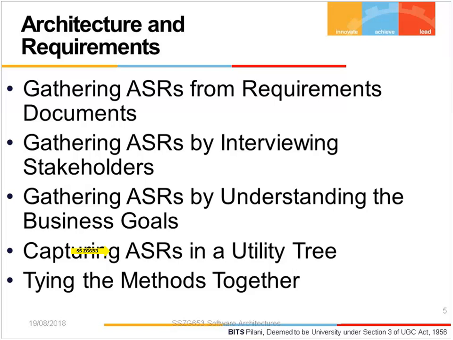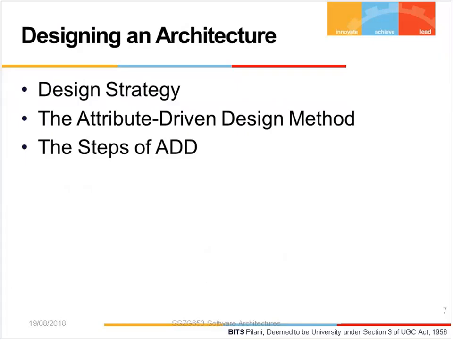So when you want to say that you want this quality attribute to be satisfied, you'll have to indicate the scenario. If you have missed the last class, there's no point discussing it, but it's got to do with a source of stimulus acting on an artifact in an environment to produce a response which is measurable. The measurement of the response is the measurement of the quality attribute that is required.